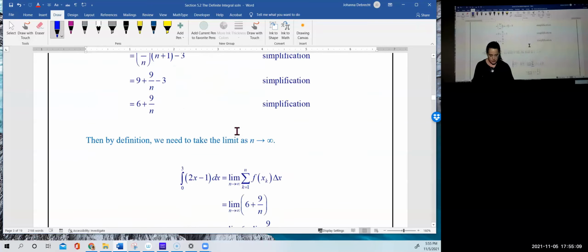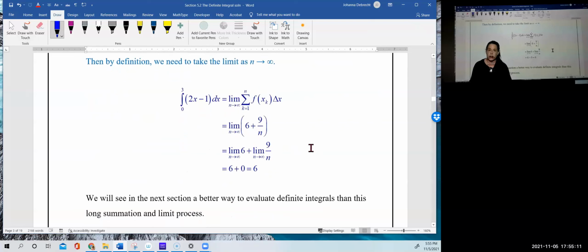So coming down here, our next step to evaluate the definite integral from 0 to 3 of 2x minus 1 dx is to take the limit of this sum. Now I've used x here inside the integrand and inside the differential. I could just as easily have written this with any symbol at all, because it's going to disappear from the value of the limit. The limit is going to give me a finite real number, there will be no variable present at all.